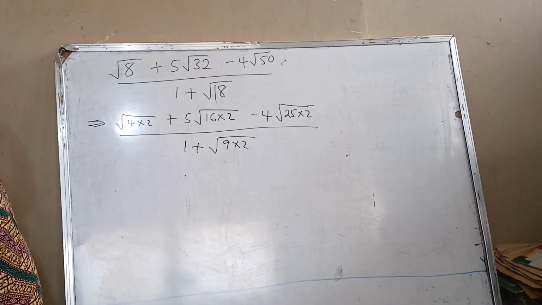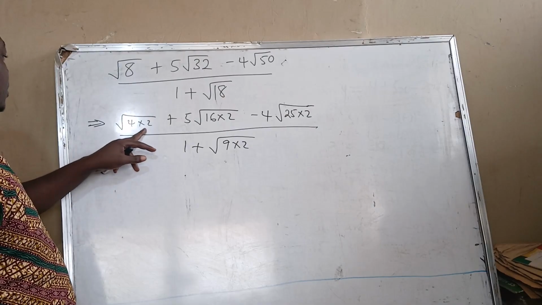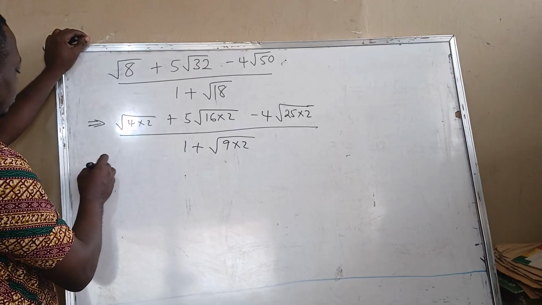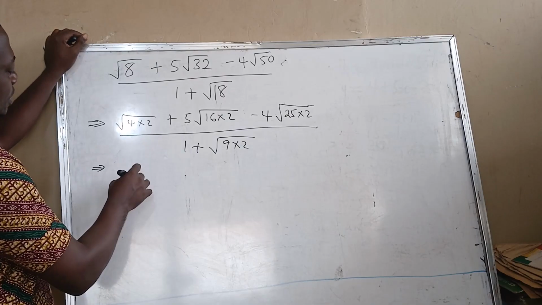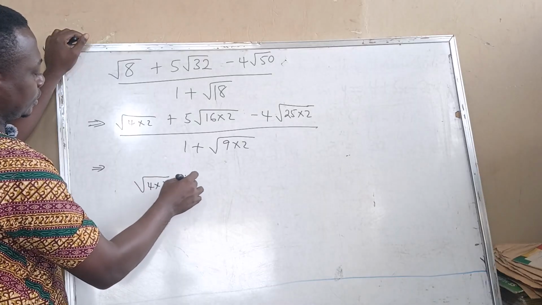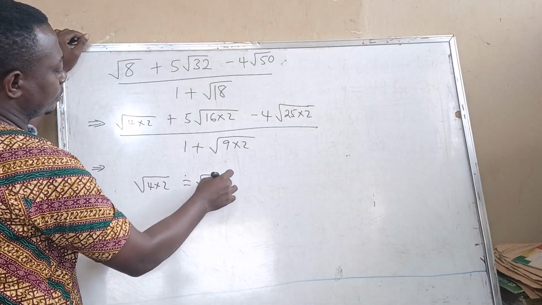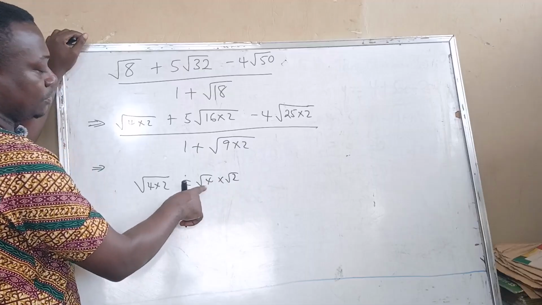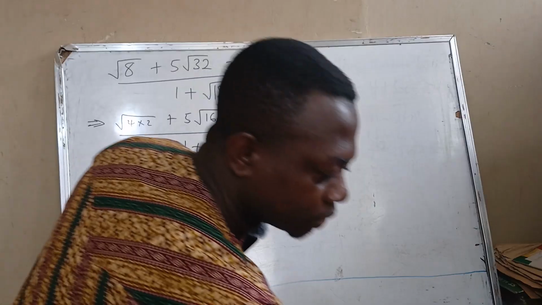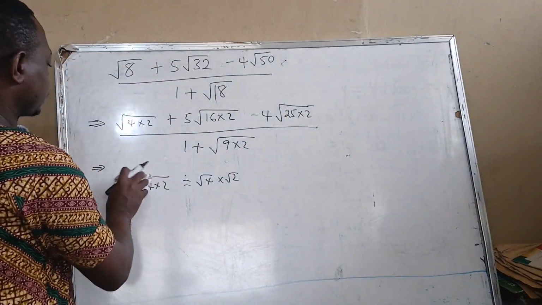All right, so we can write this one as square root of 4 times square root of 2, whereby this one will give us 2. That would be 2 root 2.